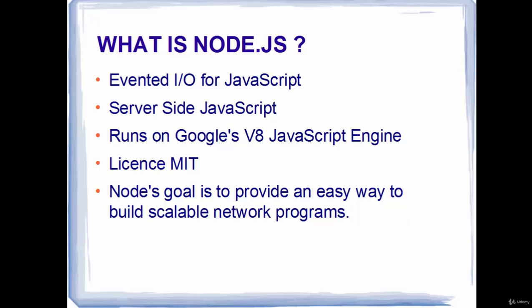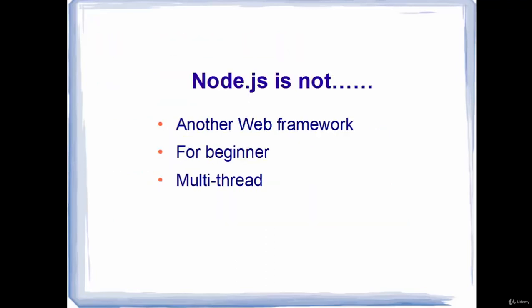The runtime environment interprets JavaScript using Google's V8 JavaScript engine, which is also the JavaScript engine behind Chrome, the web browser, which makes it really fast. Node.js is released under the MIT license, so it's a cross-platform open source framework. So let's go next.